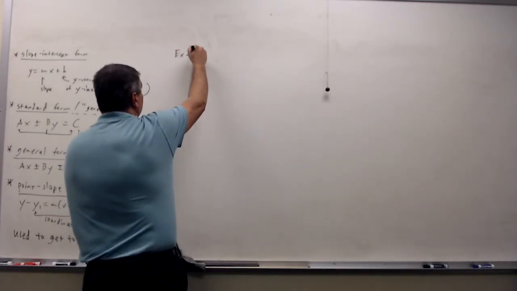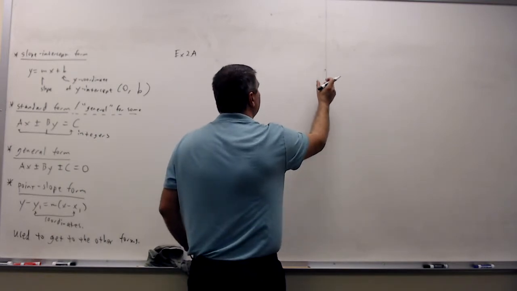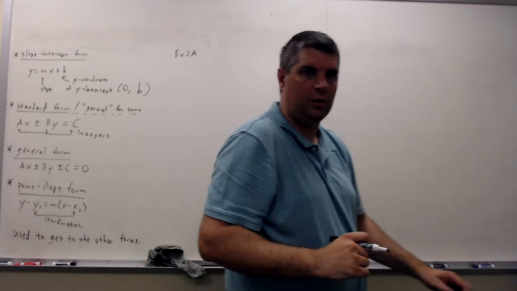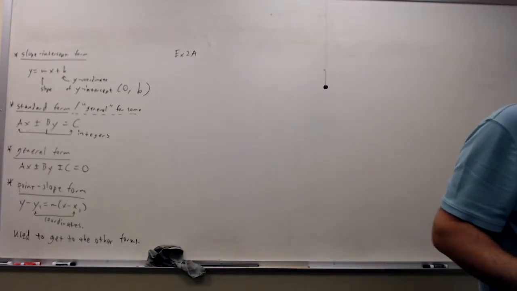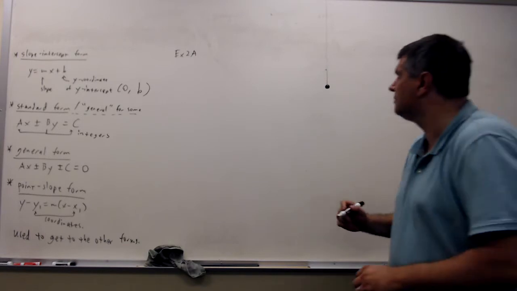Example 2a. I apologize for that. Try to hold it, make it go a little steadier. I'm referring to a document off camera. I'm following a document off camera if you haven't noticed.